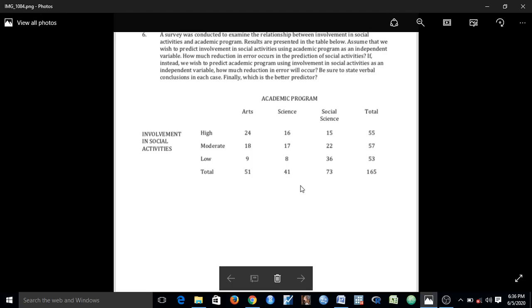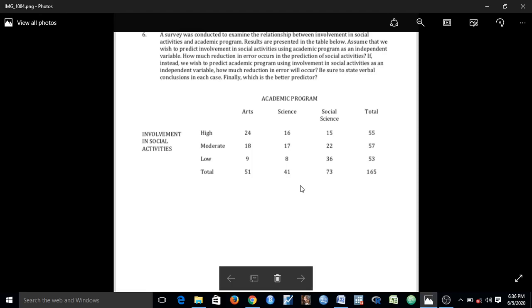The assignment is based on a survey that was conducted to examine the relationship between involvement in social activities and academic program. Results are presented in the table below.